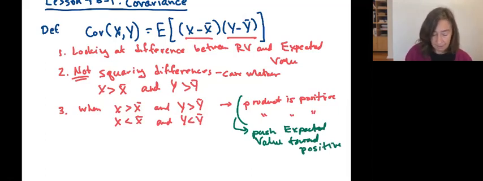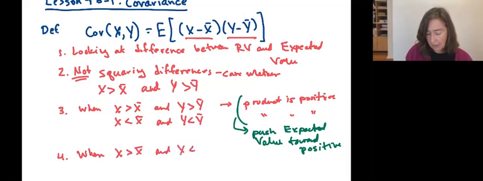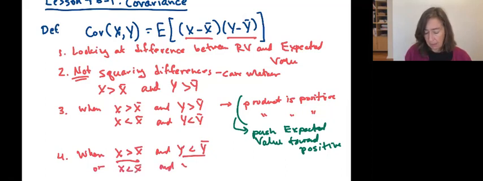And when looking at the other case, when X is relatively high and Y is less than Y bar. Okay, so when we're in the situation where X is relatively high and Y is relatively low, or X is relatively low and Y is relatively high, then we have a negative product.